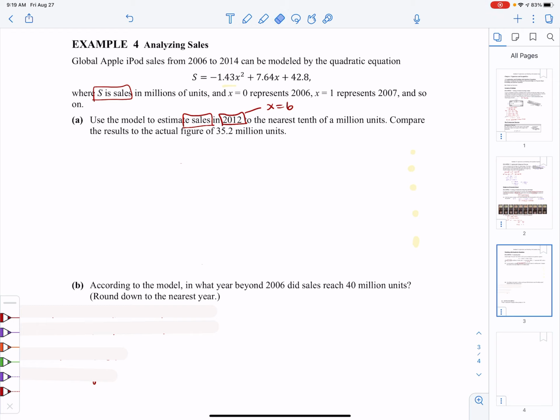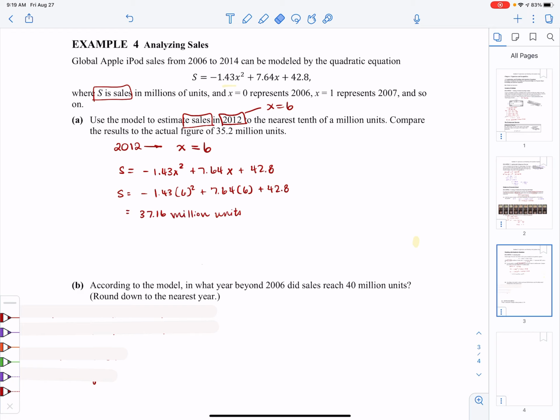We'll use the equation and we'll plug in this X equals 6 value. So here's our equation. Plug in an X value of 6. I would solve this on your calculator because the numbers are a little bit ugly. And you're going to get that the estimated sales is going to be 37.16 million units.